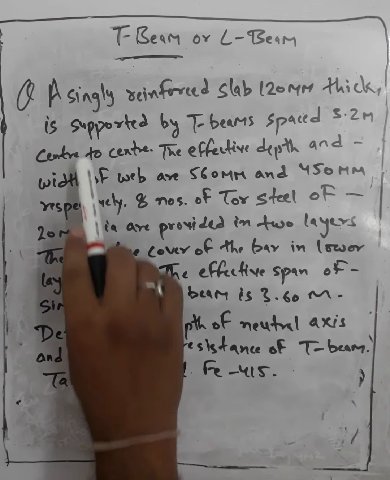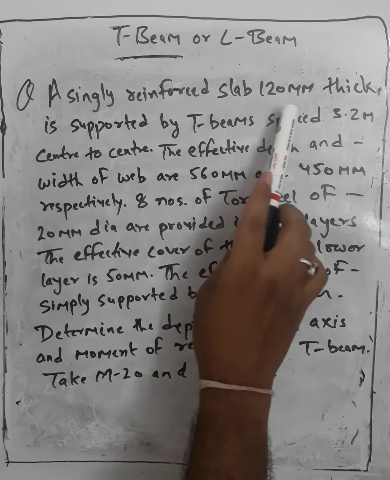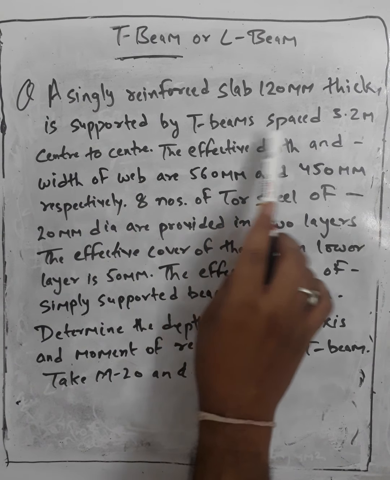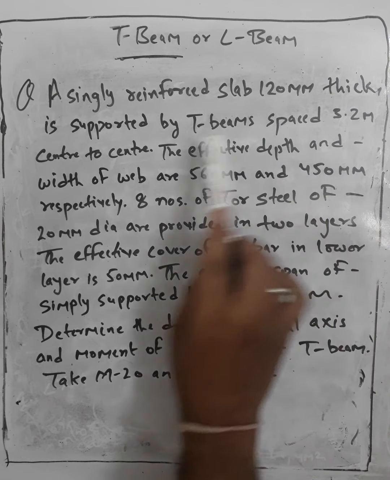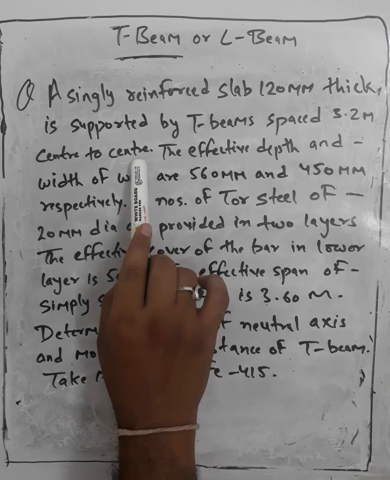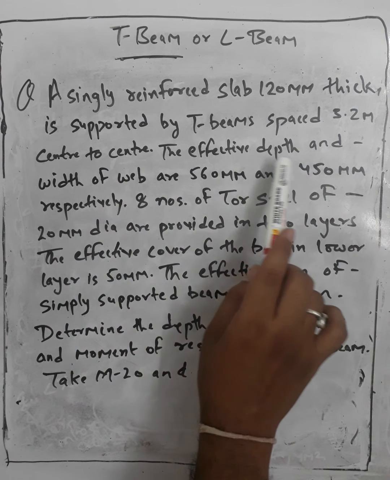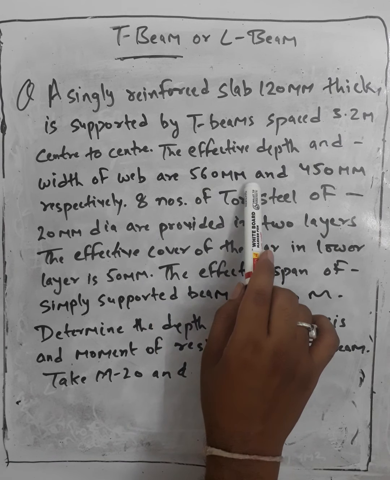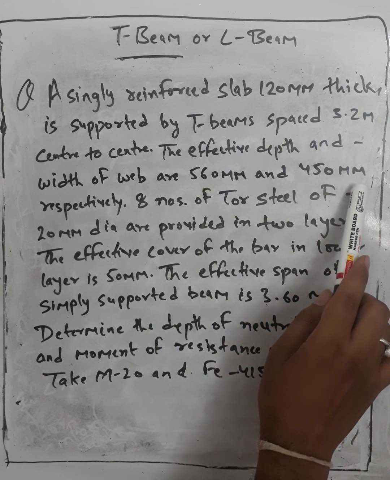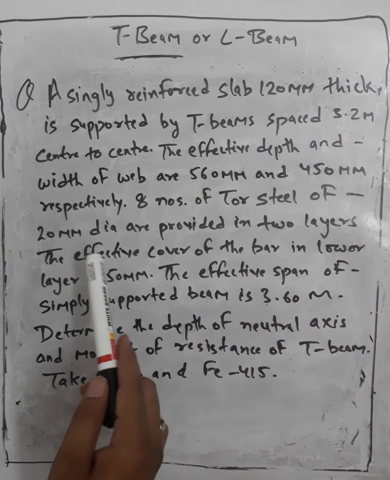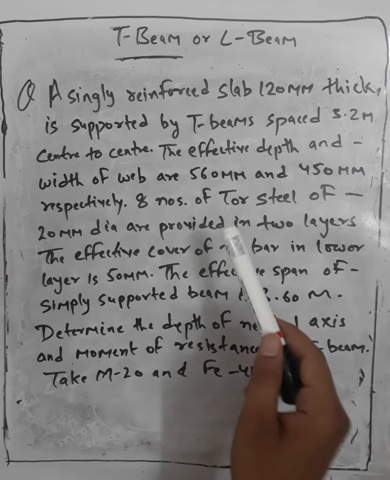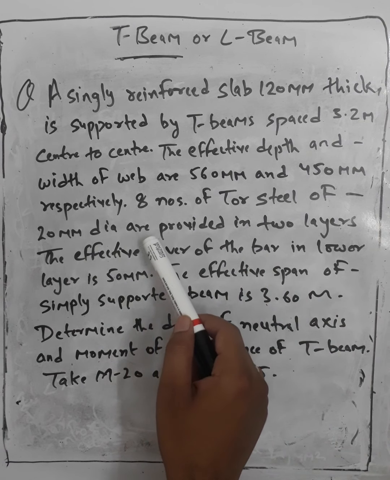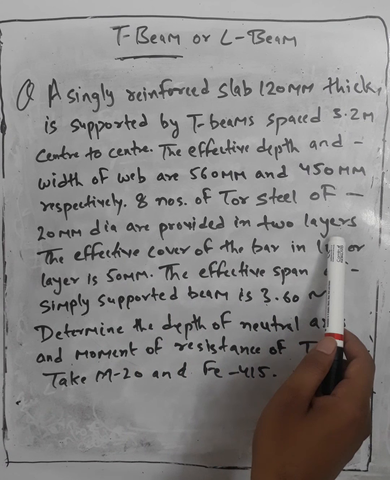The problem is: a singly reinforced slab 120 mm thick is supported by T-beams spaced 3.2 meter center to center. The effective depth and width of web are 560 mm and 450 mm respectively. 8 bars of Tor steel of 20 mm dia are provided in two layers.